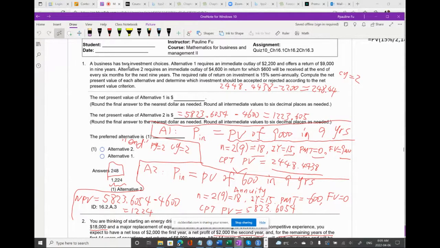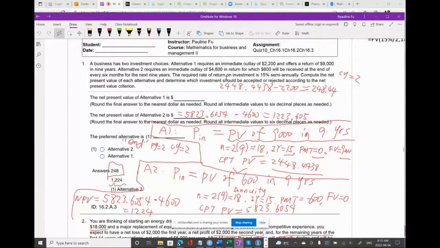A business has 2 investment choices. Alternative A requires an immediate outlay of $2,200 and offers a return of $9,000 in 9 years. Alternative 2 requires an immediate outlay of $4,600 in return for which $600 will be received at the end of every 6 months for the next 9 years.